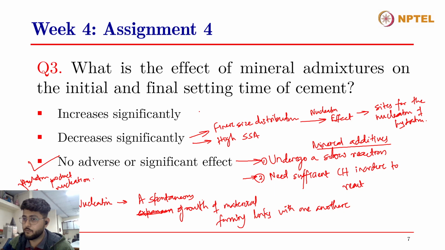So in a way, what we are doing is keeping the reactive material in a low quantity, so it is not enough to make the whole system into a hardened one. And again, the materials that are in huge quantity, that is the mineral admixtures, have a low reactivity, so they are going to set at a later age. So that might happen if you add these mineral admixtures in huge quantities.